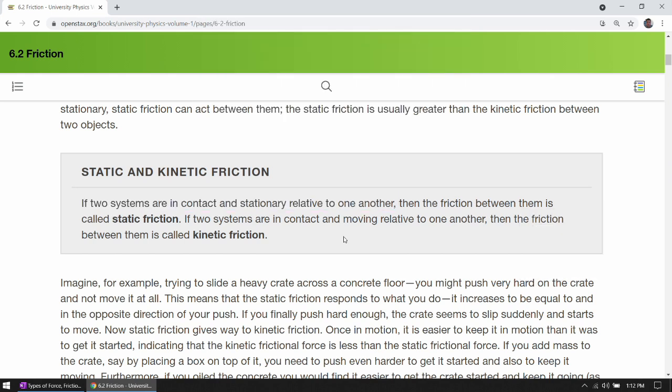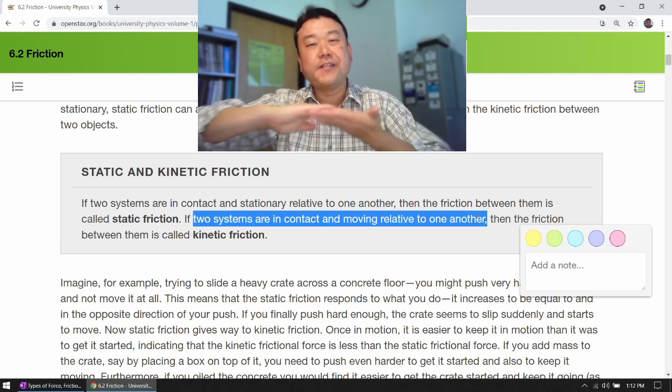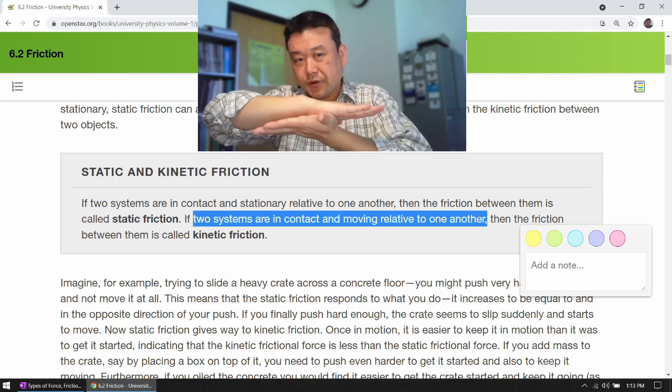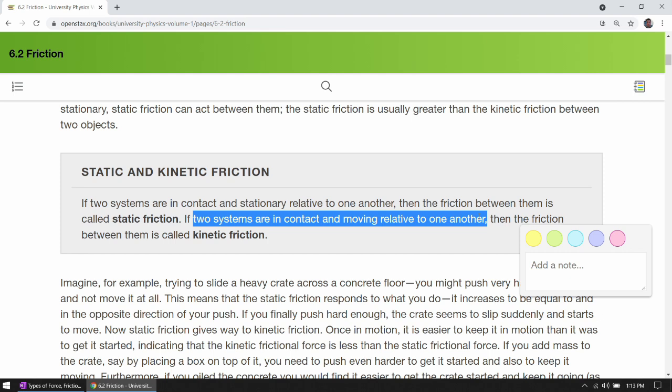And kinetic friction is when the two surfaces in contact are moving relative to one another. So this illustration is the illustration of kinetic friction. And we put them in these two categories because the mathematical expression telling you what the amount of friction force is, it's different for static friction and kinetic friction.